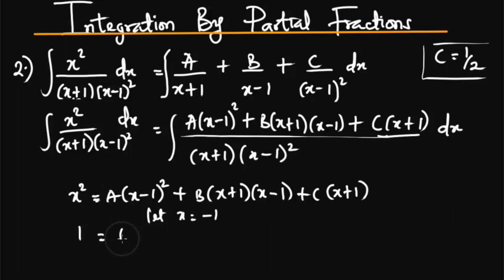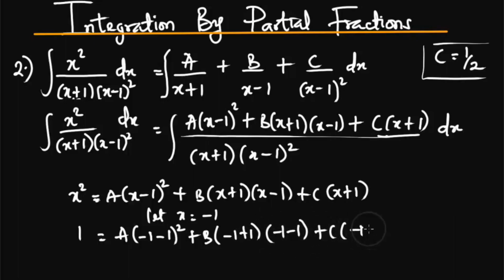And that is equal to A into (minus 1 minus 1) squared plus B into (minus 1 plus 1) into (minus 1 minus 1) plus C into (minus 1 plus 1). So this becomes 1 equals A into minus 1 minus 1 is minus 2, minus 2 squared.